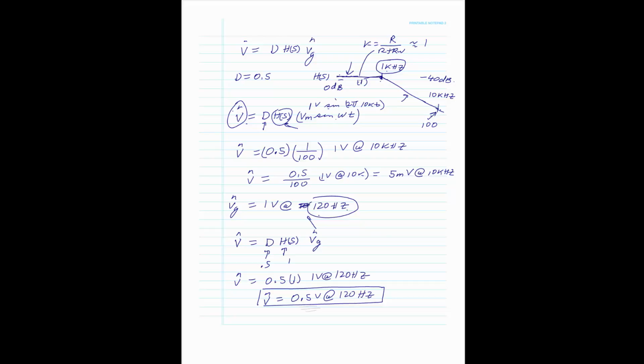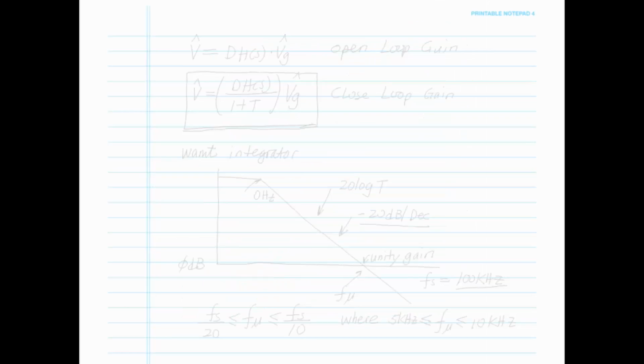So what will start to take care of this? That's where your loop gain comes in. When we cover the loop gain next, we'll see that the loop gain is going to be coming into play, and what will happen is that the output voltage, dH of S, this is the open loop gain.